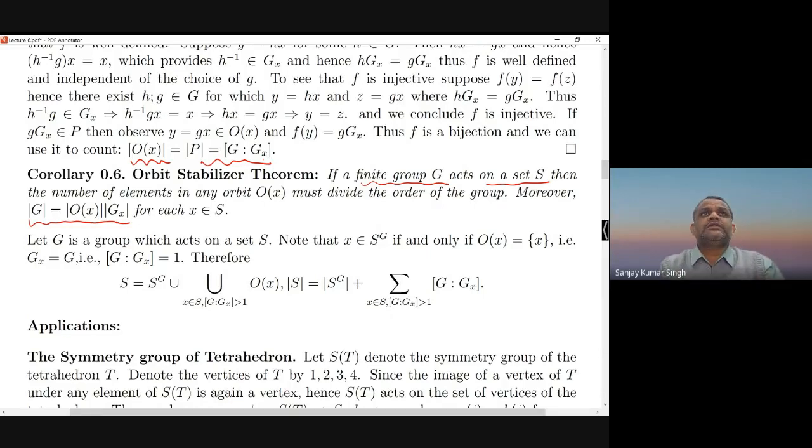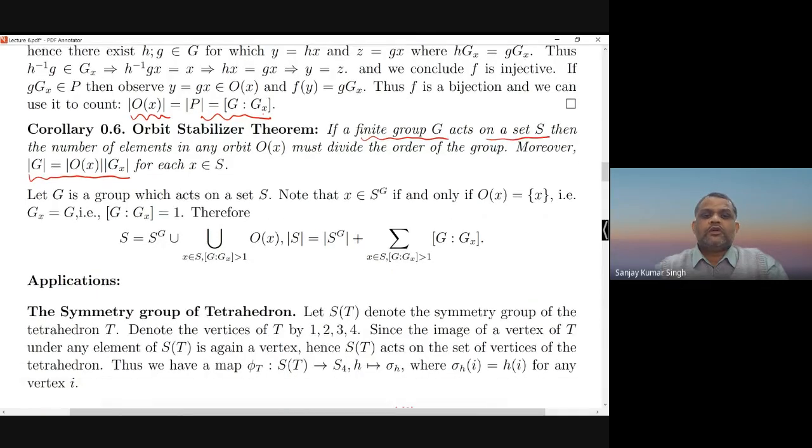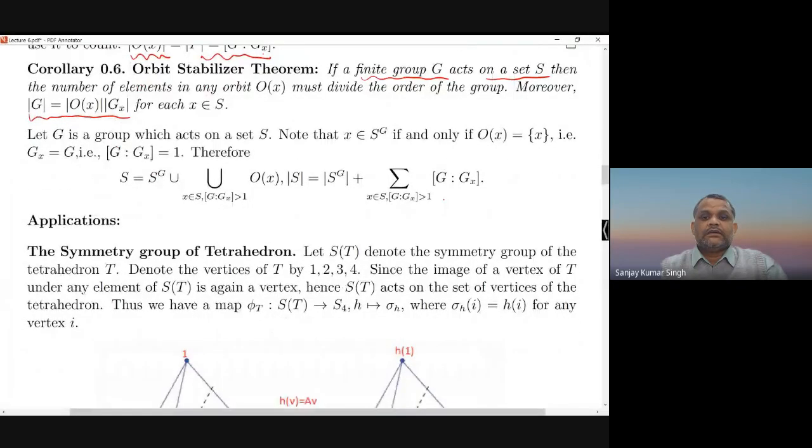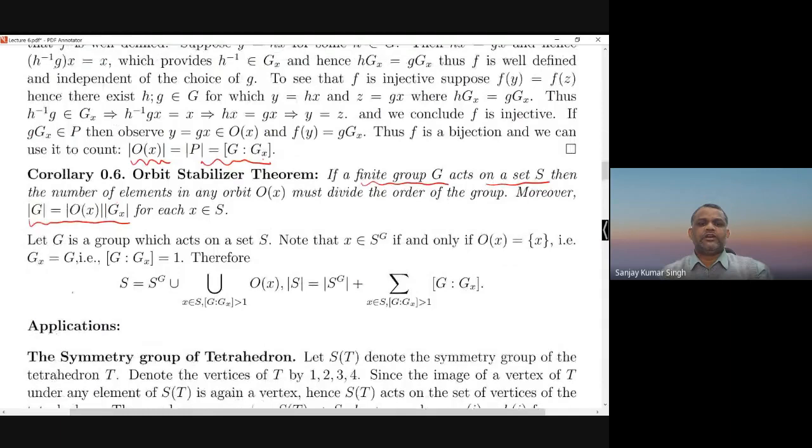So far, any question? If there is no question, let's move on. Because of this nice theorem, we can see that this holds. Since G is acting on S, I can partition the set S into orbits, and S is basically the union of all orbits.